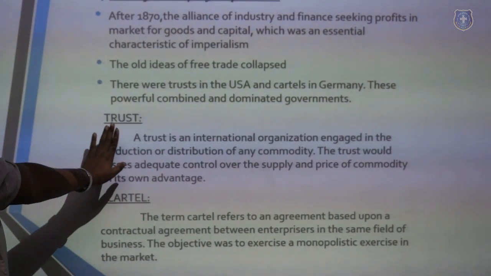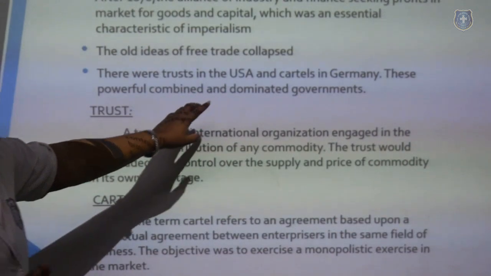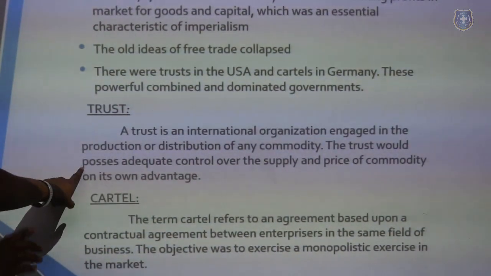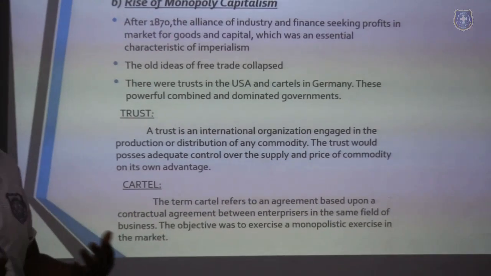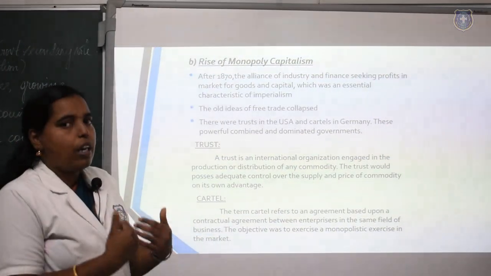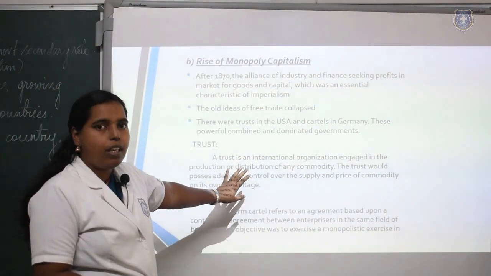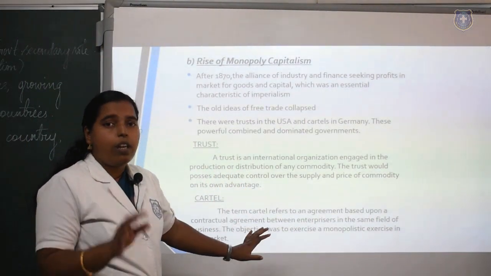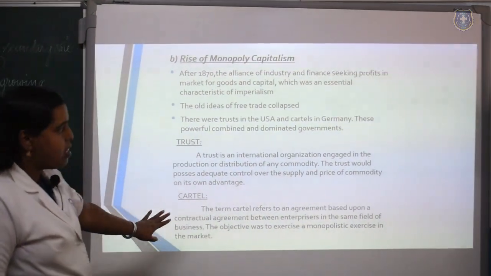That method was handled by the USA. So the trust would possess adequate control over the supply and the price of the commodity to its own advantage. Whether it's a loss or a profit, there is no need for them to give an account to anyone. In that way, the trust will handle everything under their control, and the government will not take part in it. Then cartels in Germany.